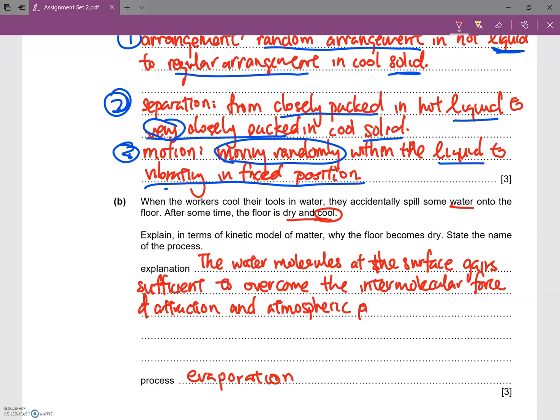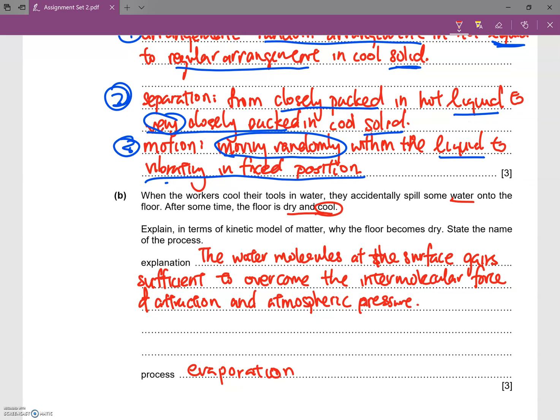Now, once they're able to overcome it, the more energetic water molecules escape to the atmosphere, allowing the floor to be dry. Sorry for the ugly handwriting. Let me rewrite this part here.